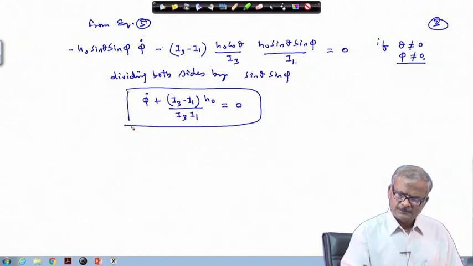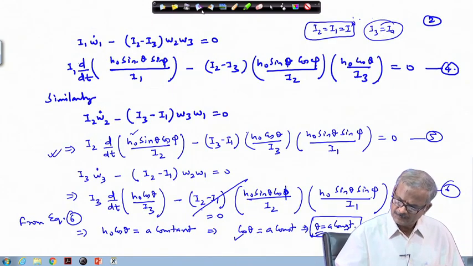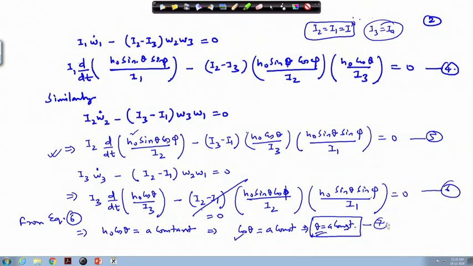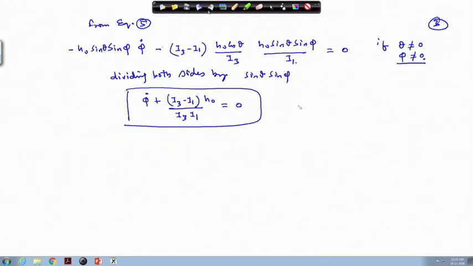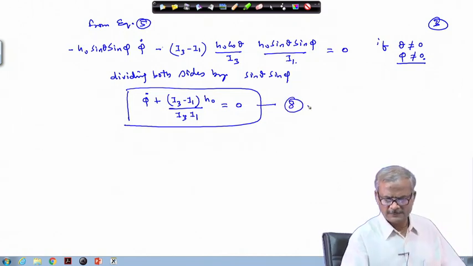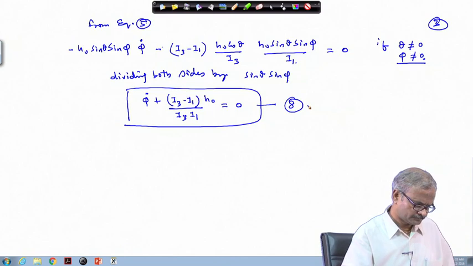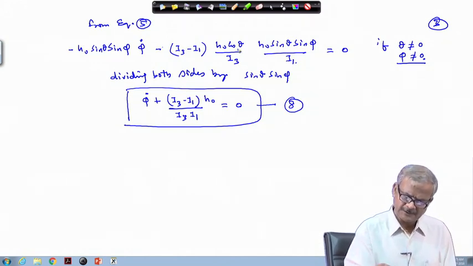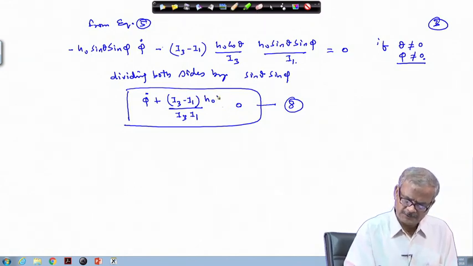Okay. So, this is equation number 7, this one term as 8, and cos theta is missing. So, we will put here cos theta also, H 0 cos theta, this quantity.